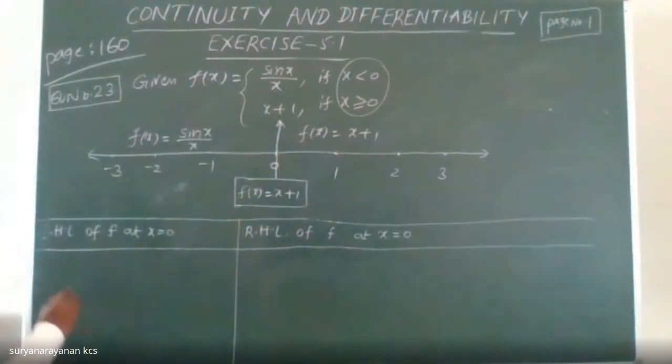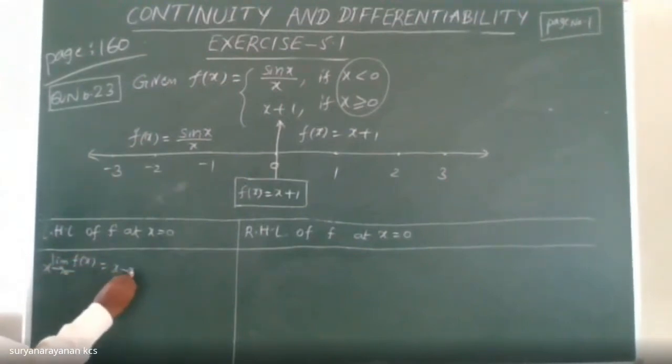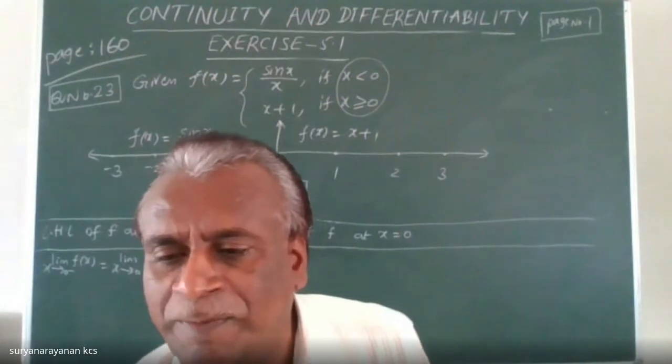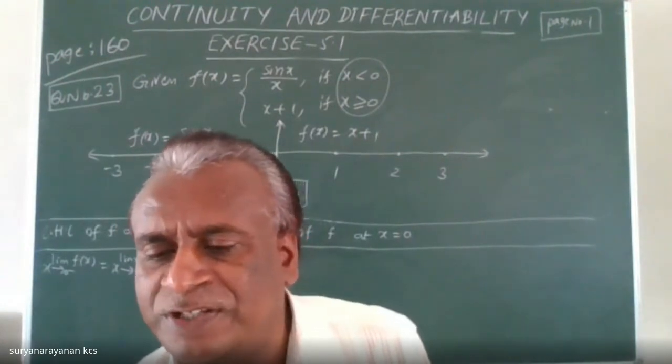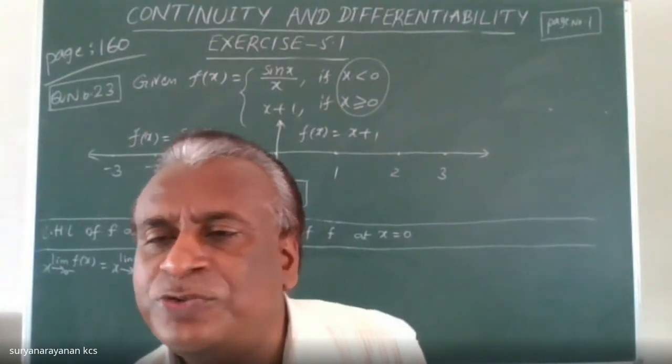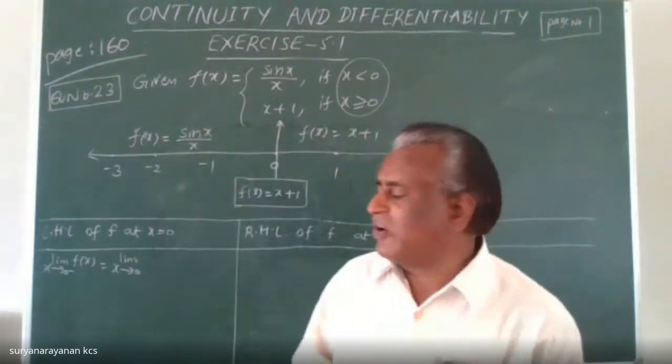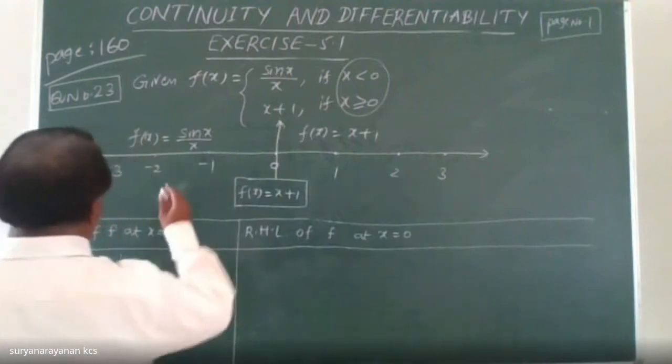So left hand limit, as x tends to 0 minus, limit f of x. X tends to 0 minus means x is less than 0. Remember this point. Then what is f of x here? Sin x by x.